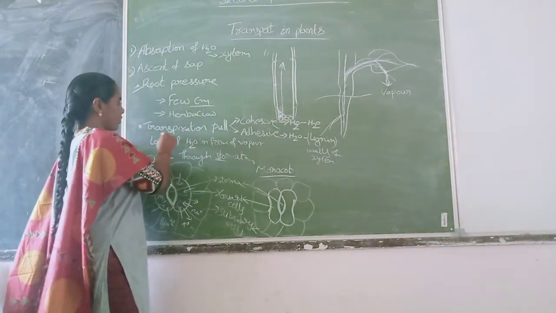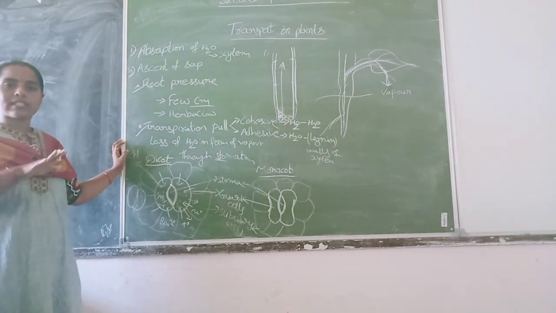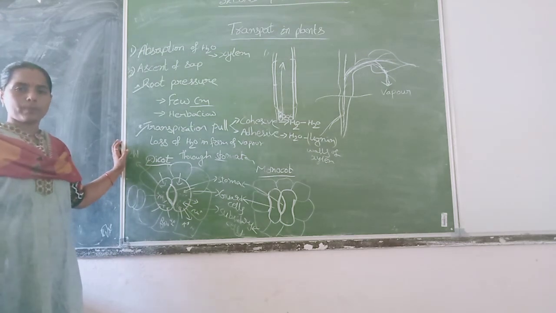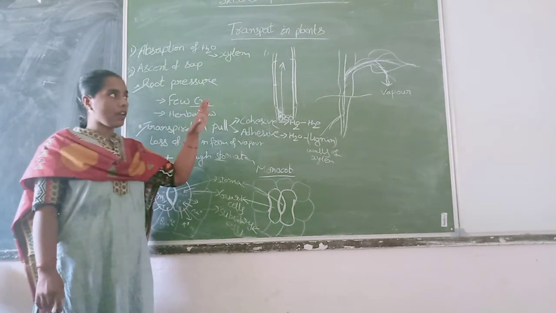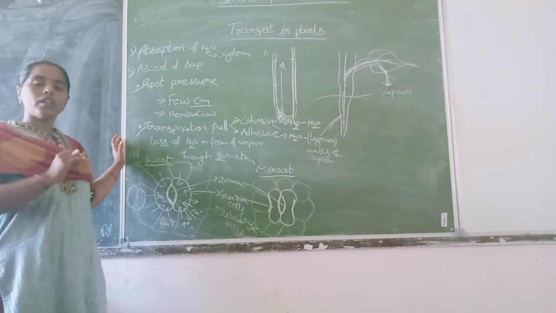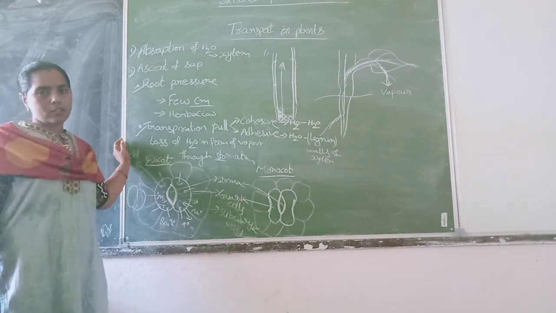So that is what is called transpiration pull. A transpiration pull is sufficient to transport the water throughout the plant body in the tallest plants also.